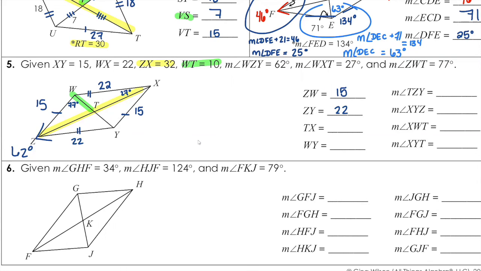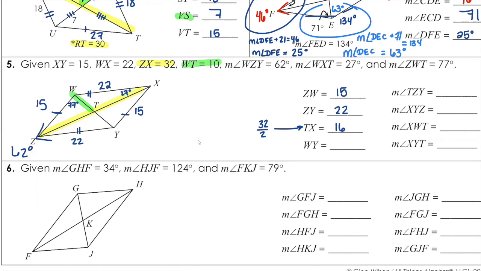What do we know the full length of ZX to be? 32. And what do we know happened to ZX because this is a parallelogram? It was bisected, which means cut in half. So if we divide 32 in half, TX is 16. So that is 32 over 2, because it bisected that full diagonal.